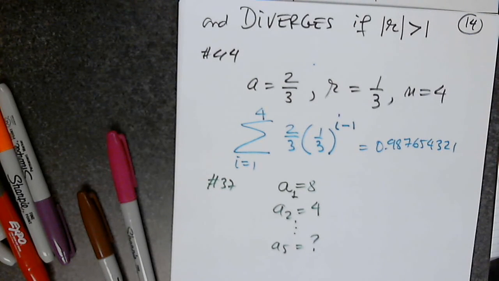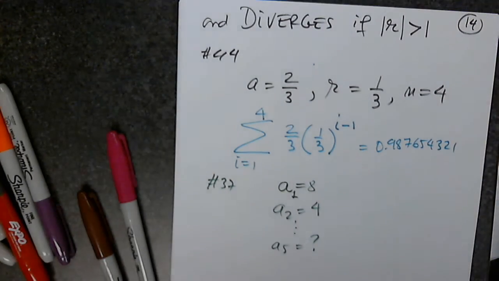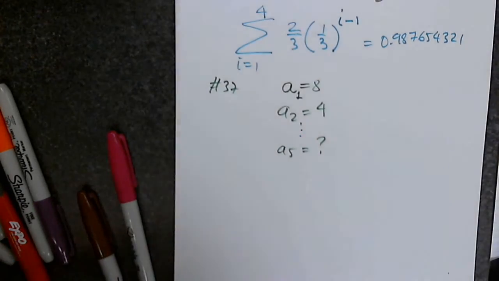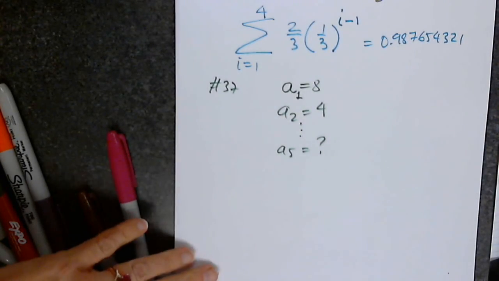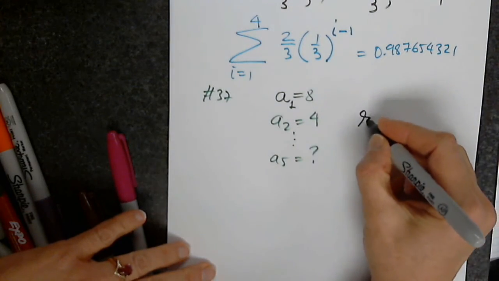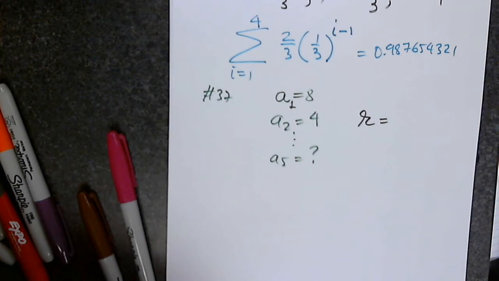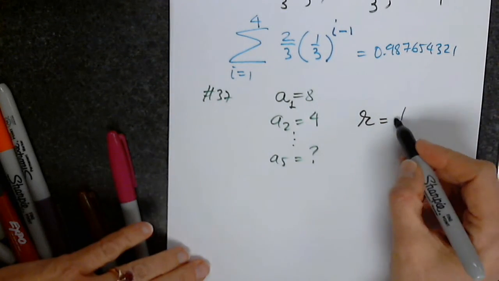I want to find A5. What do I need to determine? The common ratio. Good. What do I multiply A1 by to get A2? I multiply by 1/2.